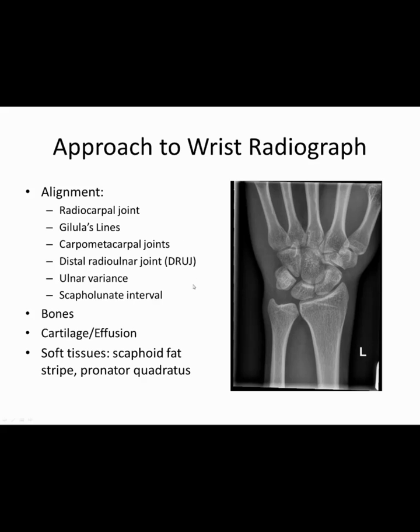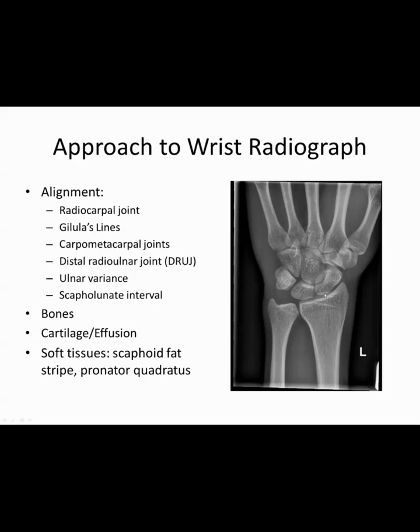Next, I'll show you an approach to wrist radiograph interpretation because the images provided for you in the case file are forearm radiographs, and therefore you would want to assess both the elbow and the wrist region. So we'll go through the ABCs again. We have alignment, which involves the radiocarpal joint.